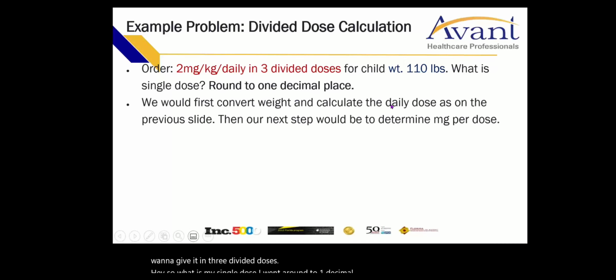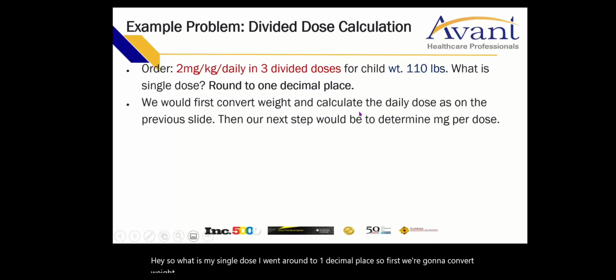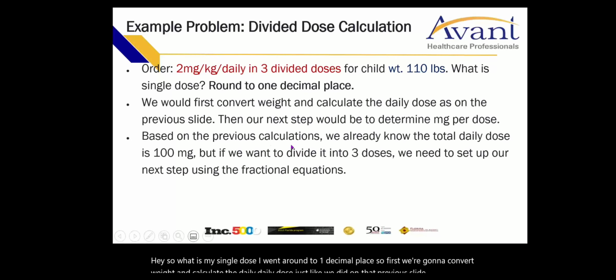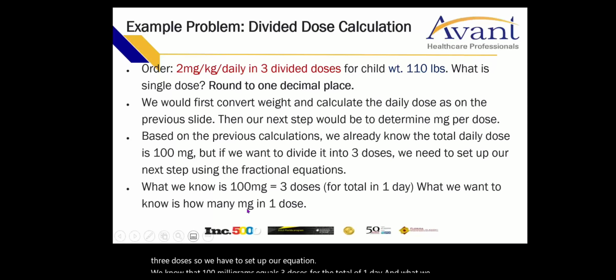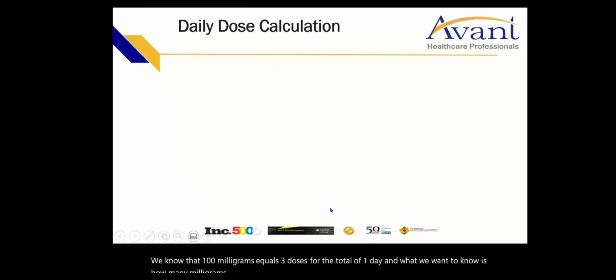So first we're going to convert weight and calculate the daily dose just like we did on that previous slide. And then based on those calculations, we already know the total dose is 100 milligrams, but we want to give it in 3 doses. So we have to set up our equation. We know that 100 milligrams equals 3 doses for the total of 1 day. And what we want to know is how many milligrams in 1 dose.